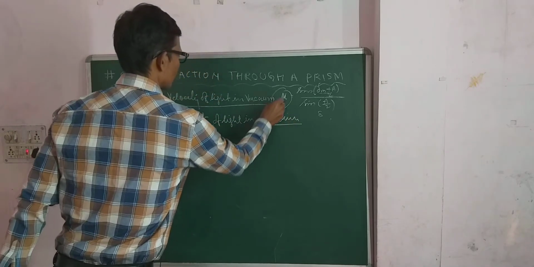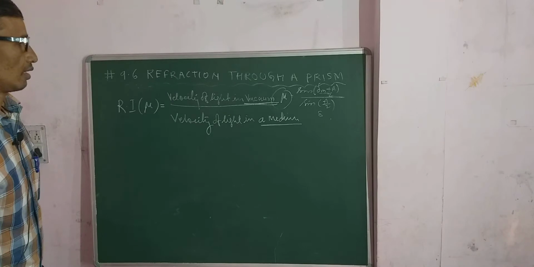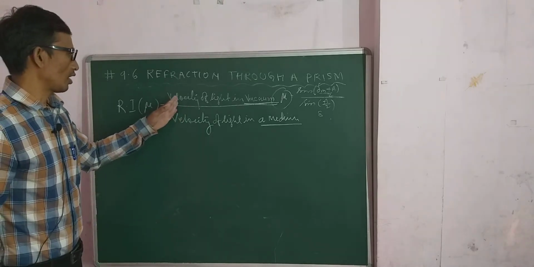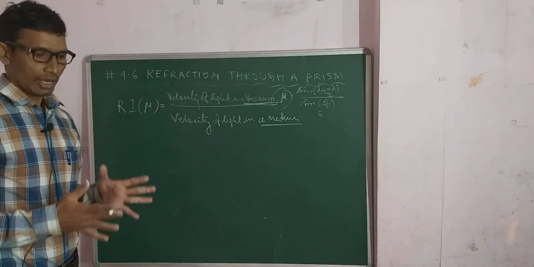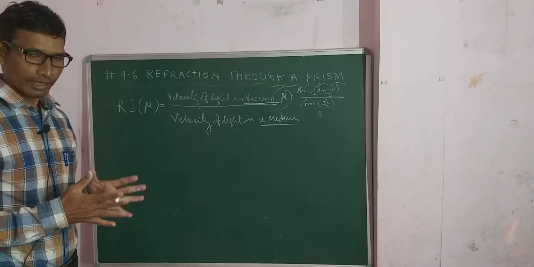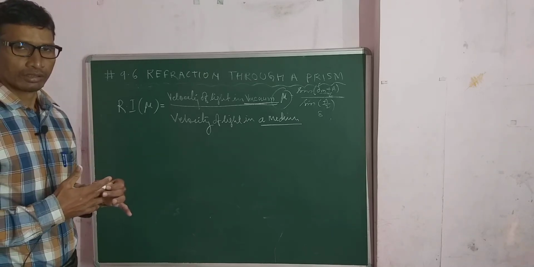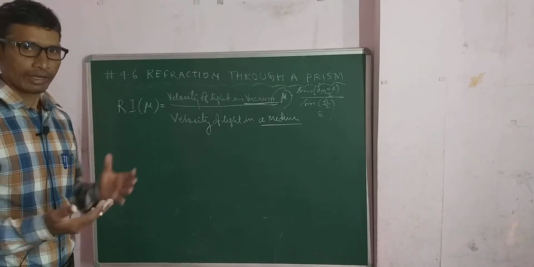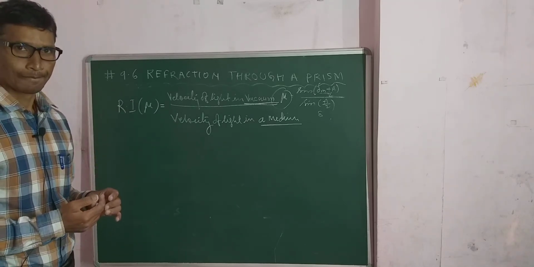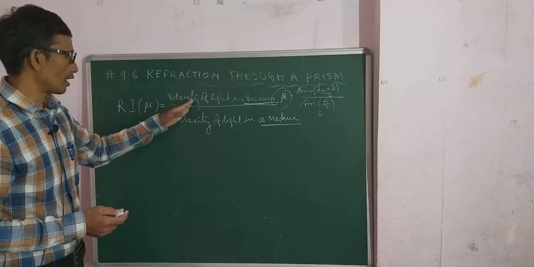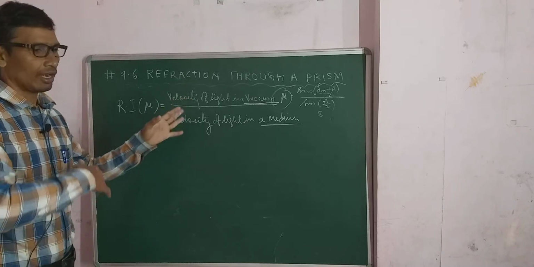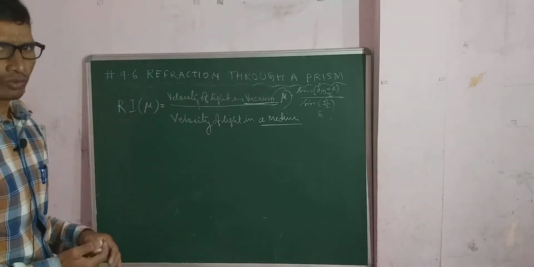The ratio of the velocity of light in vacuum, the speed of light in vacuum, is the greatest of any material. So maximum velocity is in vacuum, and it is approximately equal in air.